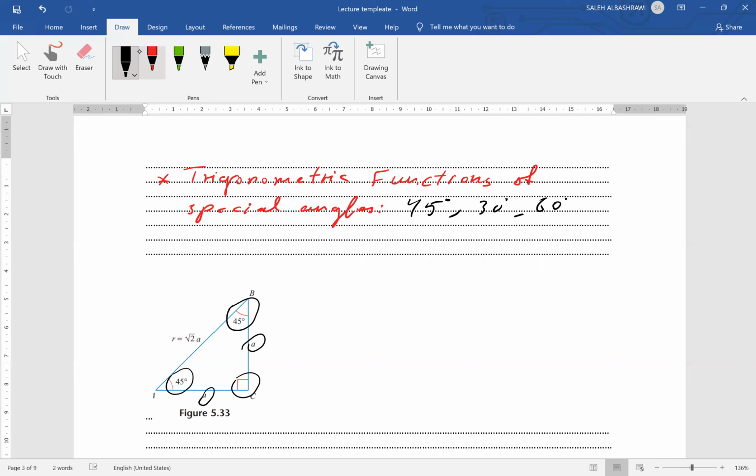Two sides have the same length. If we have A, and using the Pythagorean theorem, we will find that the hypotenuse will be square root of 2 multiplied by A.